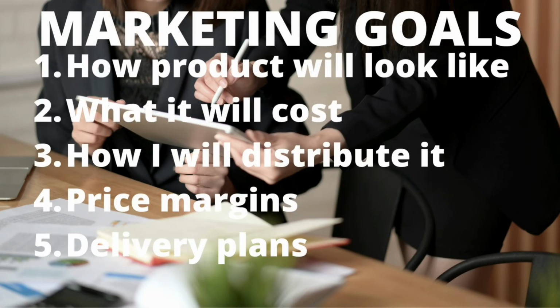Then to go on to another point, we have marketing goals. So marketing goals, what do I mean? This means how the product will look. This is one of the marketing goals. What it will cost, that is also a marketing goal. How I will distribute it. You understand my points?